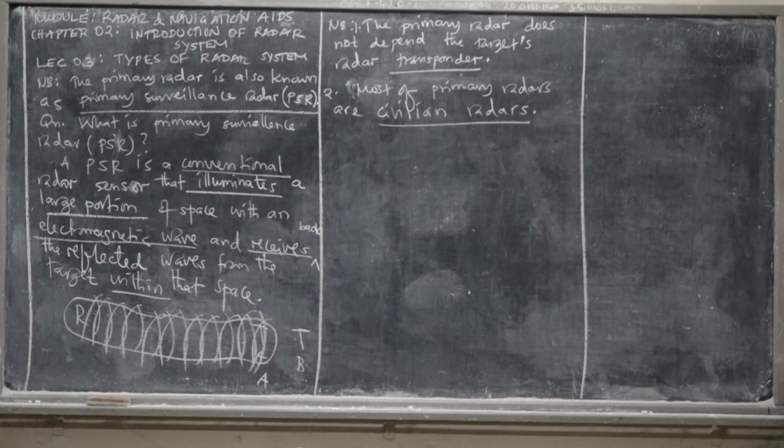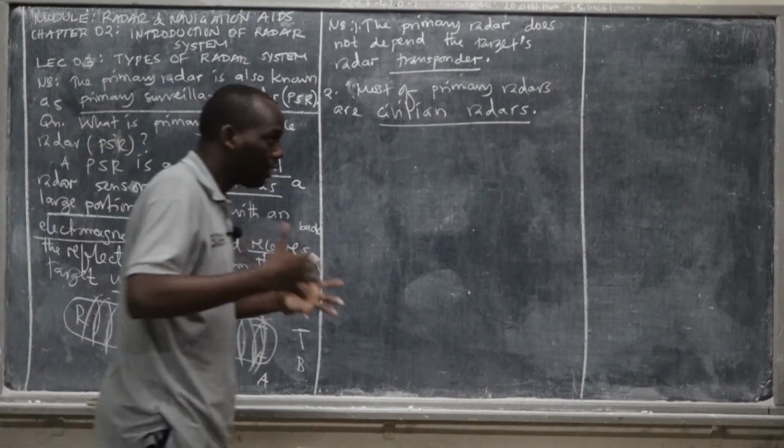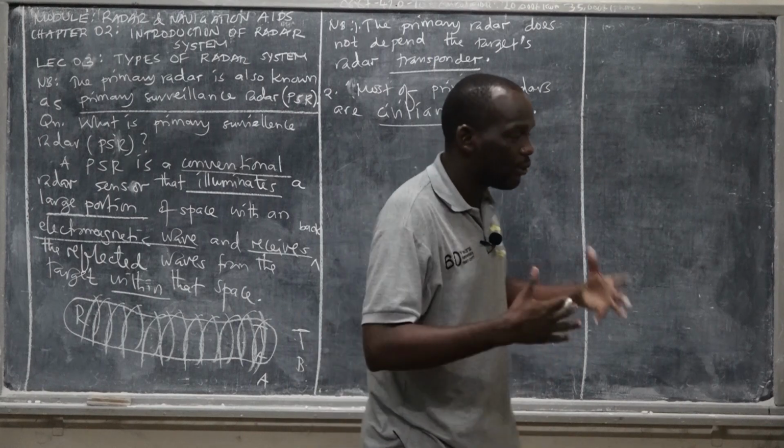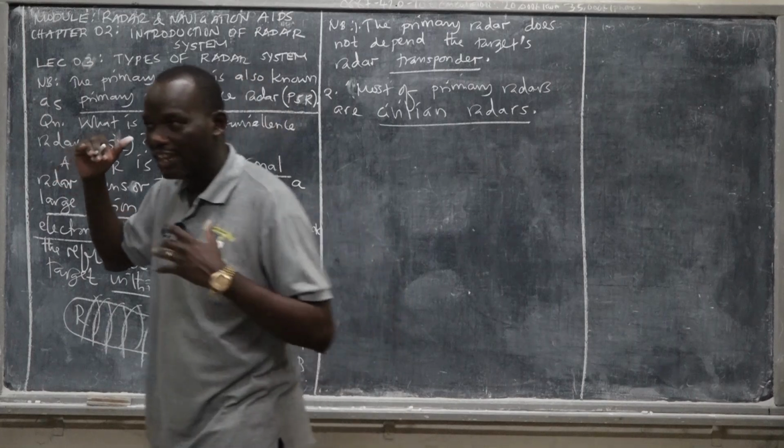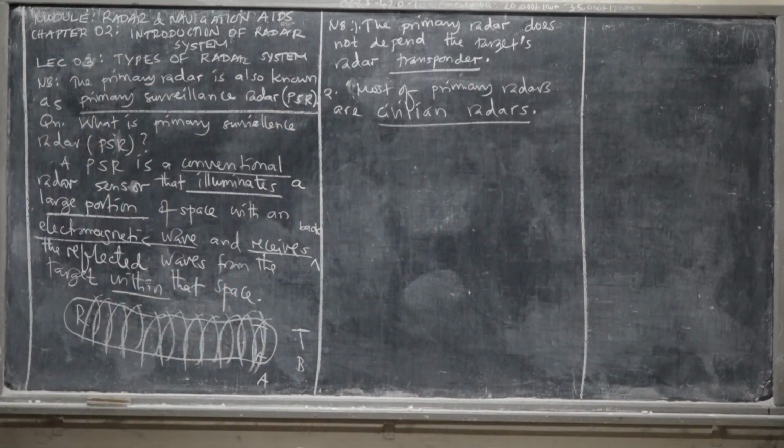So we just have two situations. If you report, hello, I ask you to give me permission to pass through your space, and the reply is, okay, yes, you can pass, that's the friend. But if an aircraft is passing through Tanzanian airspace without any information, that is an enemy. Those are the principles.